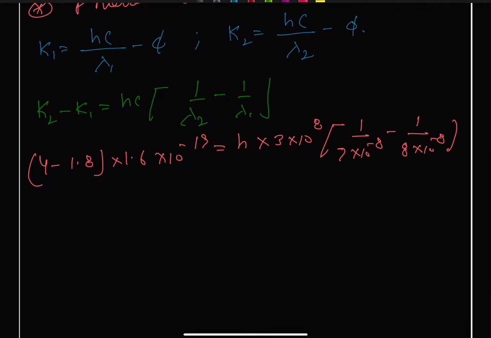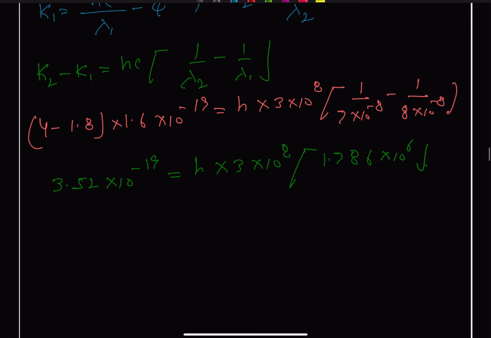So from the left side, this will be equal to 3.52 into 10 to the power minus 19 is equal to H times 3 into 10 to the power 8, and their subtraction comes close to 1.786 into 10 to the power 6.